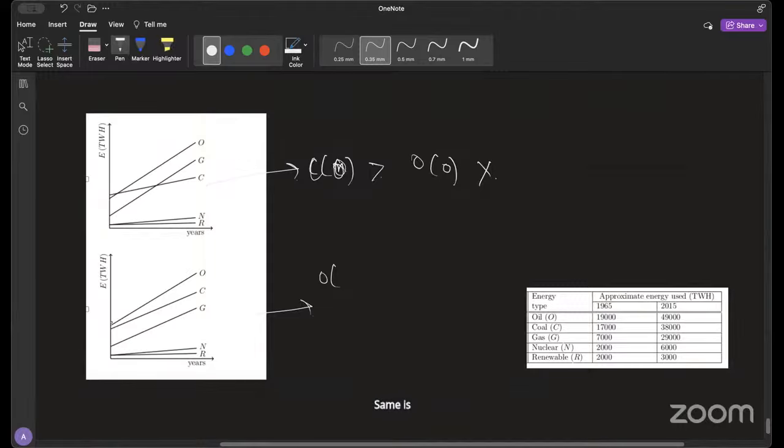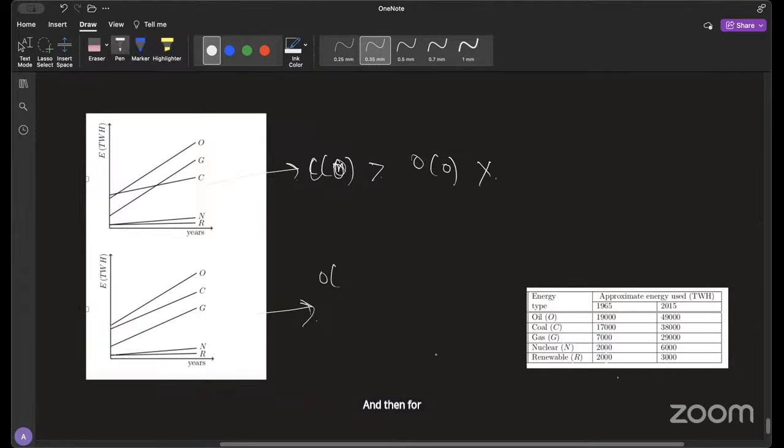Same is the case here. First is your oil, then your coal, then gas, then both of these are the same. See, initial value 2000, 2000, and here you have the same value for N and R initially. Similarly, you can test it. This could be the correct option, and then you check the final values here, they are also going to align with the data given.